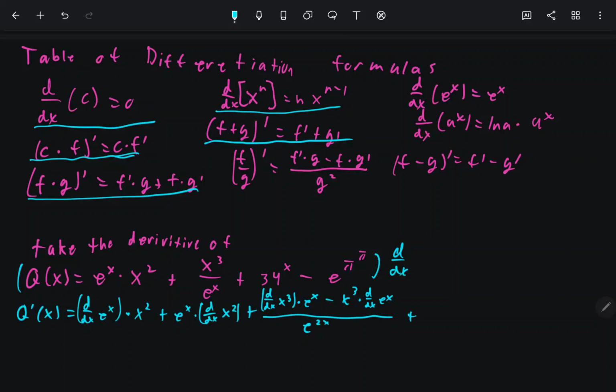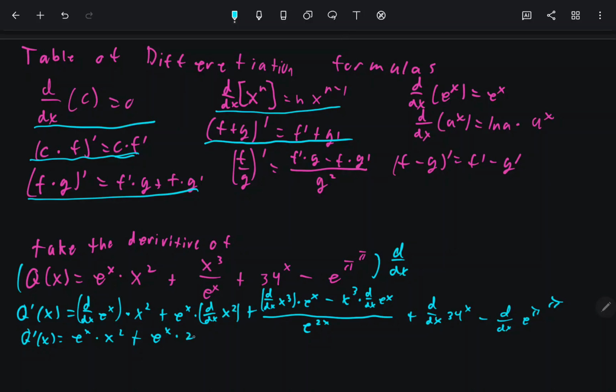Plus 34, or the derivative with respect to x of 34 to the power of x, minus the derivative of e to the power of pi to the power of pi. All right, let's do this. We're almost there. Q prime of x: the derivative of e to the x is e to the x. So we get e to the x times x squared plus e to the x times the derivative of x squared.